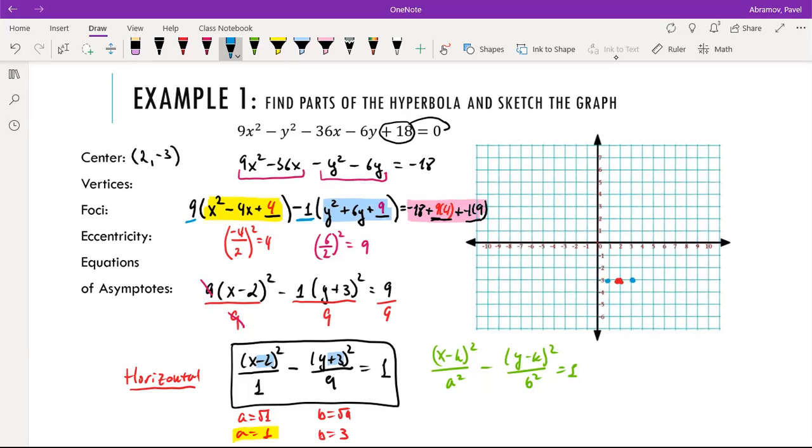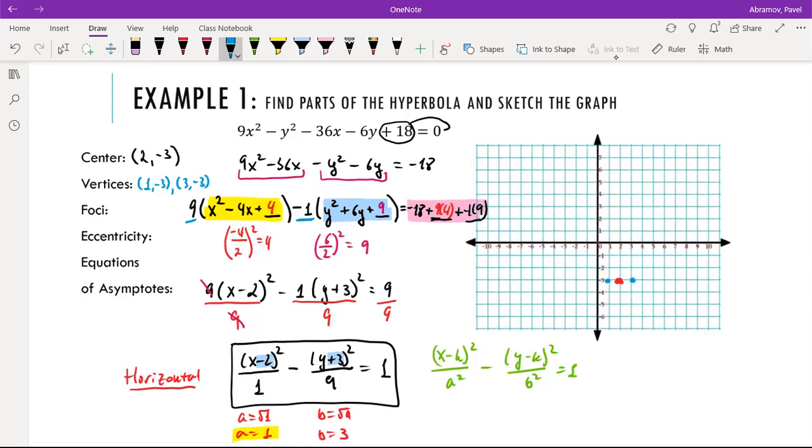And as we are plotting those on the graph, we can say that the vertices will be (1, -3) and (3, -3). So we can see that already from the point. So we fill this in.